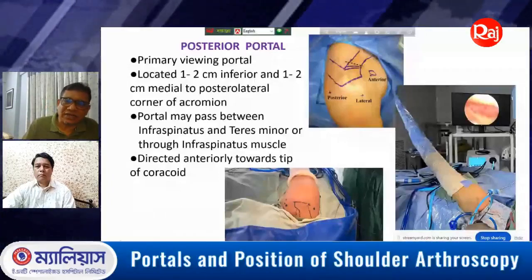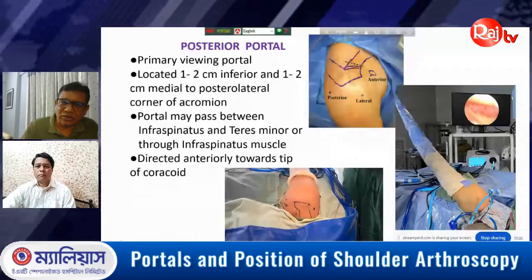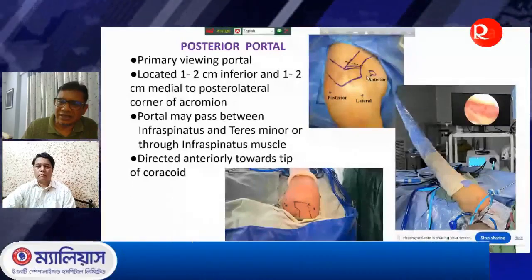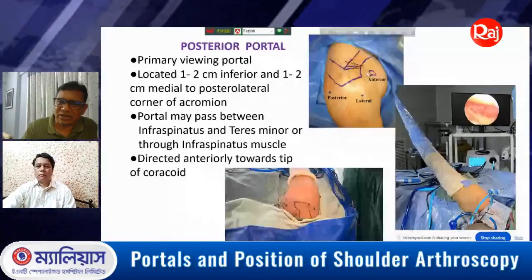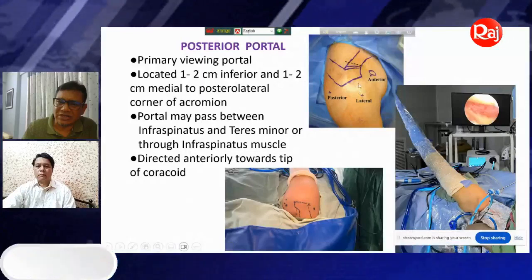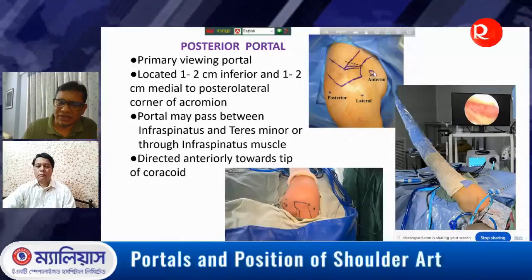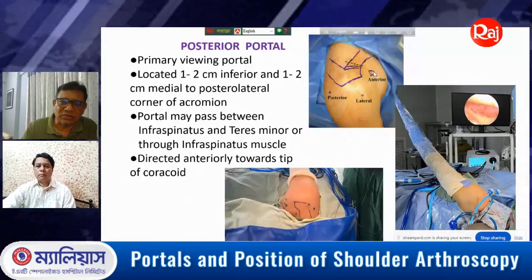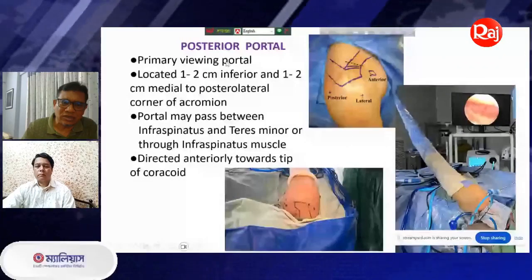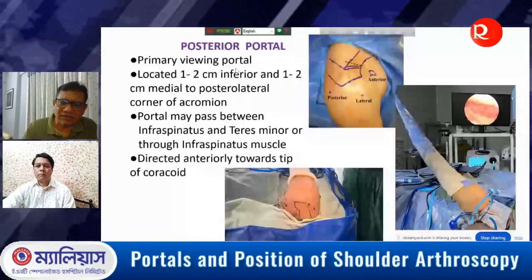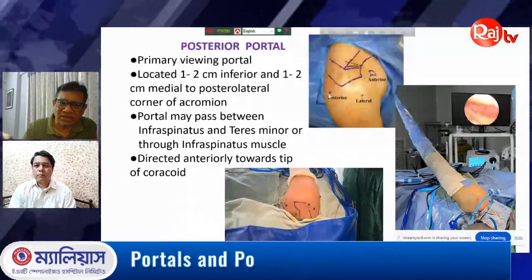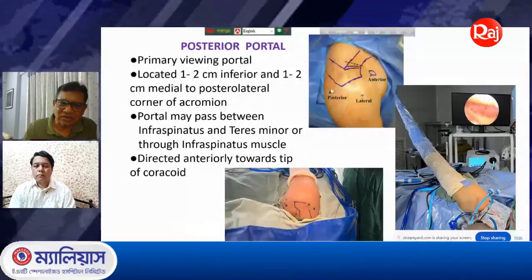And posterior portal, if you see the shoulder and marking, that is the anterior part of the shoulder, this is posterior part, this is lateral part of the shoulder. Anterior you can see that is the coracoid. So the posterior portal, which is called the primary viewing portal, is located 1 to 2 centimeters inferior and 1 to 2 centimeters medial to the posterolateral corner of the acromion.